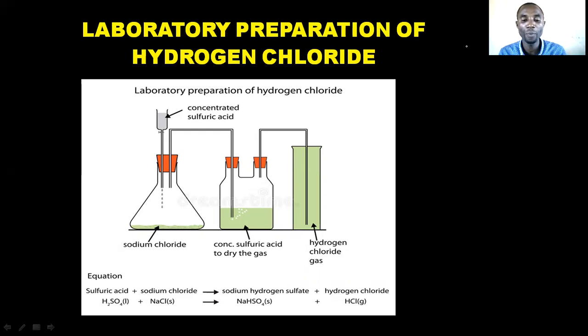And you see the setup, the sulfuric acid to dry the gas, and the hydrogen chloride is then gotten through downward delivery. The equation for the reaction is what we are seeing here: sulfuric acid plus sodium chloride to give sodium hydrogen sulfate and hydrogen chloride. That is how it's prepared in the lab.